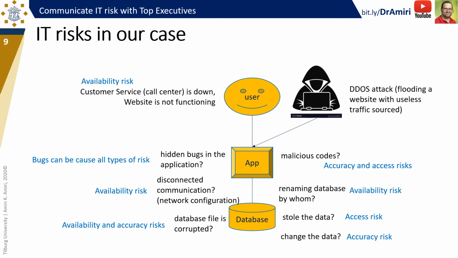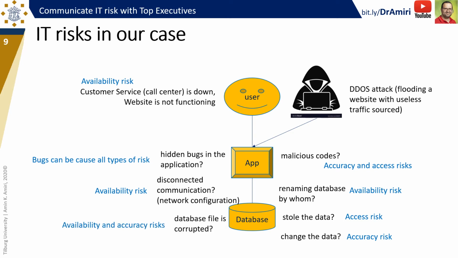With regard to renaming the database, they also explained that this can be one of the reasons behind the unavailability of the systems. With regard to disconnected communication between the application and the database, they also explained in terms of availability that this can be a reason for the unavailability of the applications and the business processes that are dependent on that.